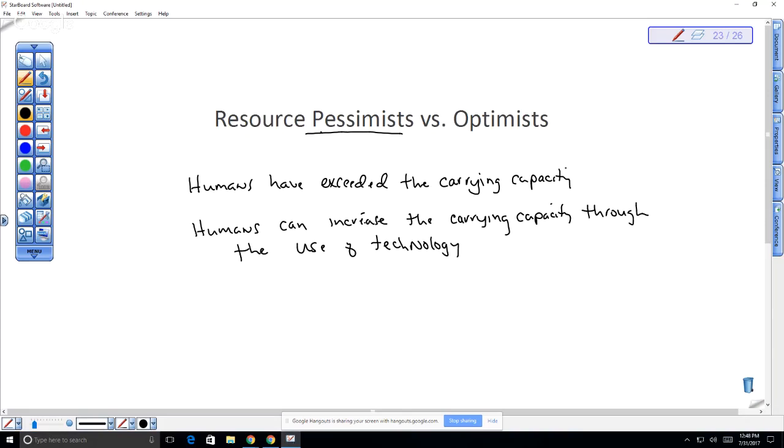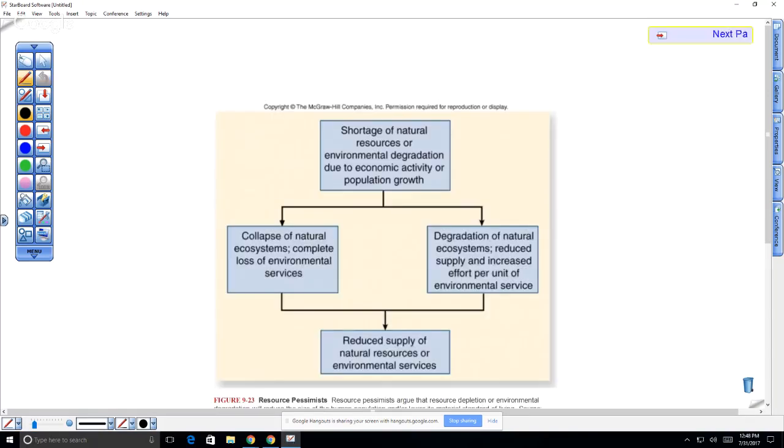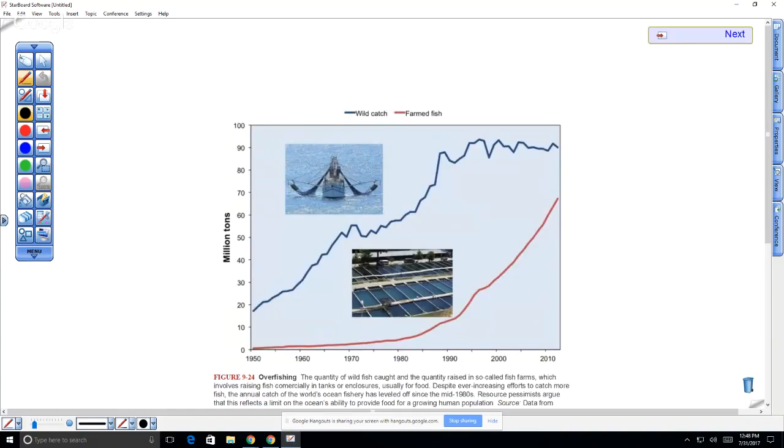In your book, they have some charts. One of them is an interesting example, the fishing industry. When we look at the amount of fish that are caught, in millions of tons, we see that it has leveled off.